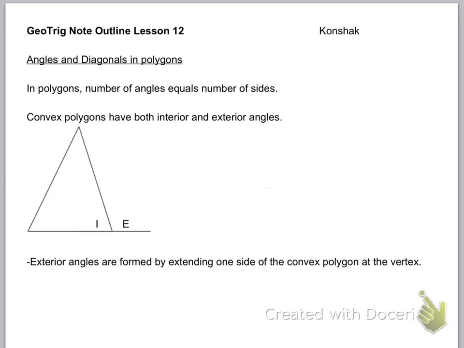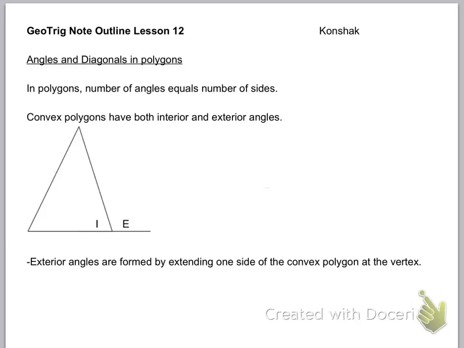I would hope so. So the biggest thing about a convex polygon, they both have interior and exterior angles. And it's a little bit different than what you think of as interior and exterior. Interior is pretty straightforward. That's the angle inside.